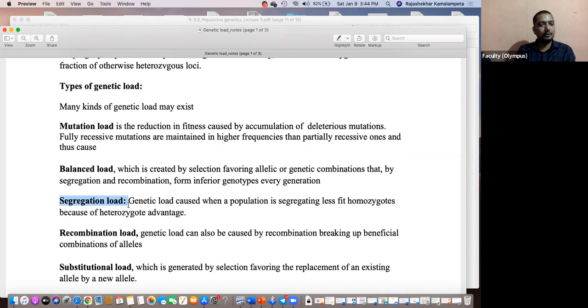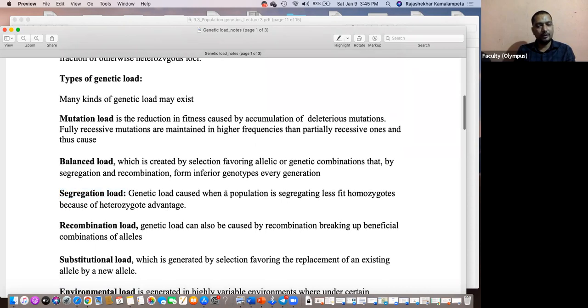So segregation load is what? The load that is caused when a population is segregating less fit homozygotes. Homozygotes I'm talking about: one mutant, another mutant, so two recessive alleles are together. This is a homozygous condition, and this is a result of segregation.